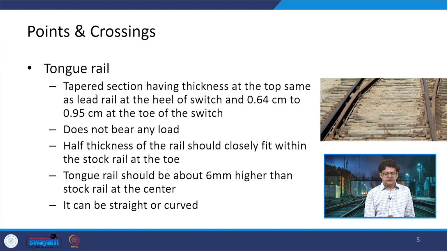This tongue rail is a tapered section and it has a thickness at the heel of the switch same as the lead rail, and 0.64 centimeter to 0.95 centimeter at the toe of the switch.